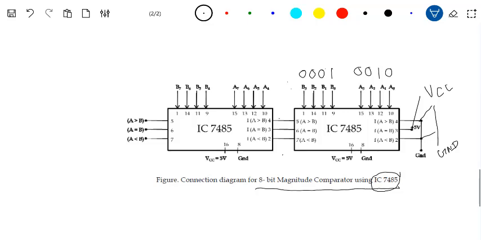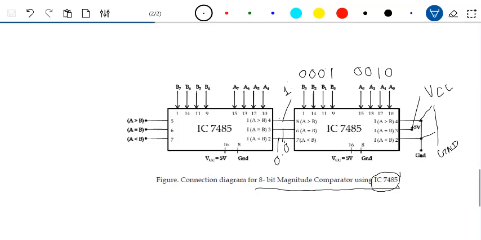Now here in the lower level A is greater, so this will be raised to 1 and these two will be raised to 0, right? These two wires are 0. Now the cascading input A greater than B is 1 for the higher IC. So now it will check the higher bits, and it knows that in the lower stage of comparing bits, A0 is greater.